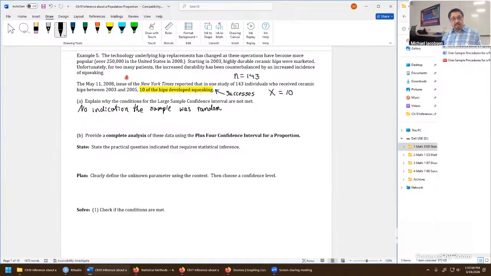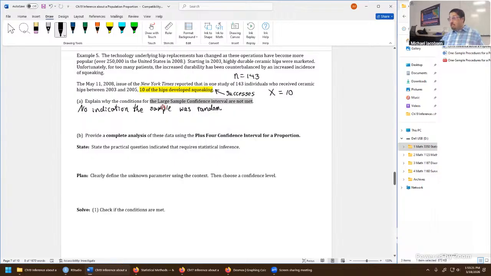So that's potentially pretty problematic. If it wasn't a random sample, sometimes authors of these studies argue differently, that 143 is representative of everyone who had the ceramic hip replacement between 2003, 2005. So that's a problem right there already for the large sample confidence interval procedure.